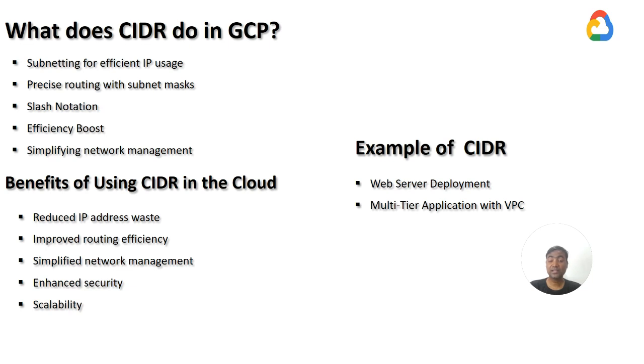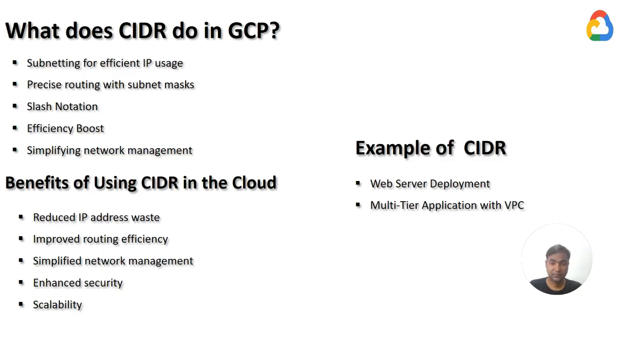Subnetting with CIDR can bolster security by isolating different parts of your network. Scalability: easily add or remove subnets as your cloud needs change. Now I hope you understand the benefits of using CIDR in the cloud.